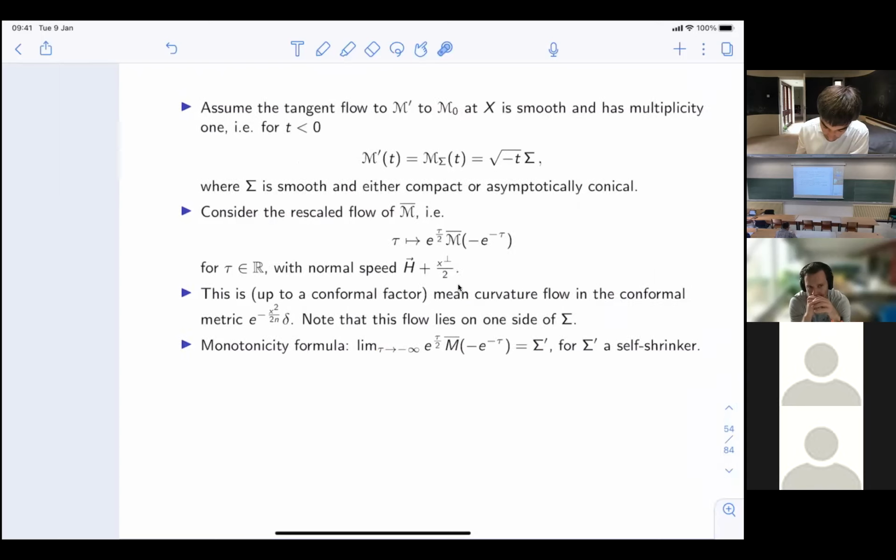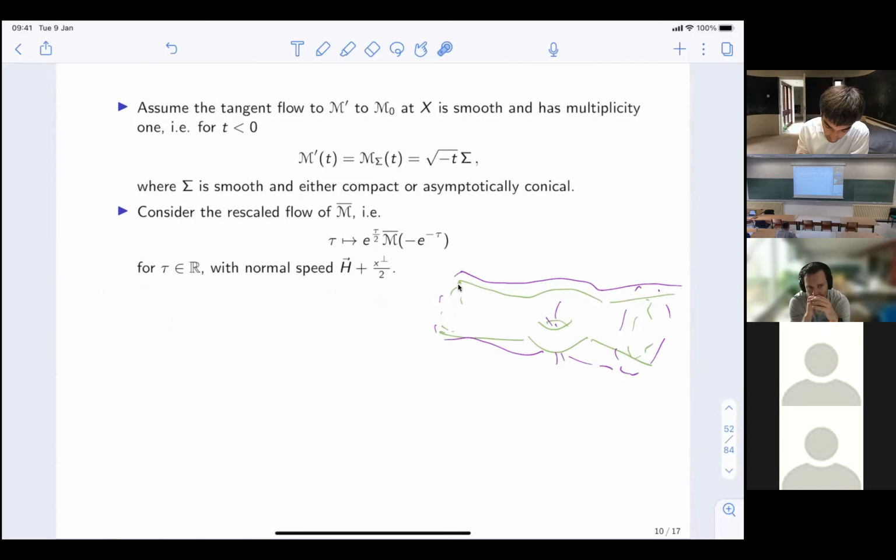So this means in this picture, this flow, as you go with tau to minus infinity, will converge to another self-shrinker. So a minimal surface in this Gaussian metric, but this minimal hypersurface has to lie outside, so it can't intersect. Either it's equal, or we don't know this, but it has to lie on one side of this shrinker, because the whole flow is on the outside of this minimal surface in this Gaussian metric.